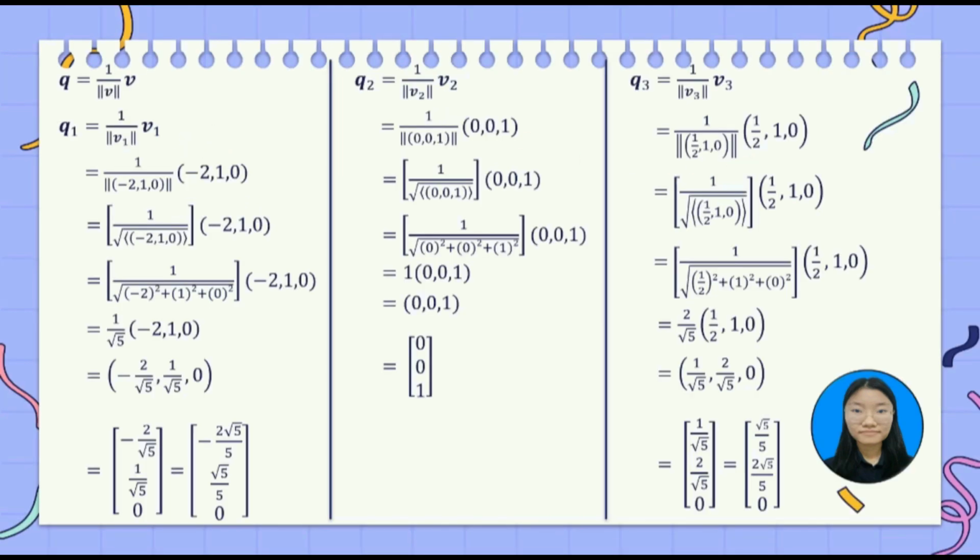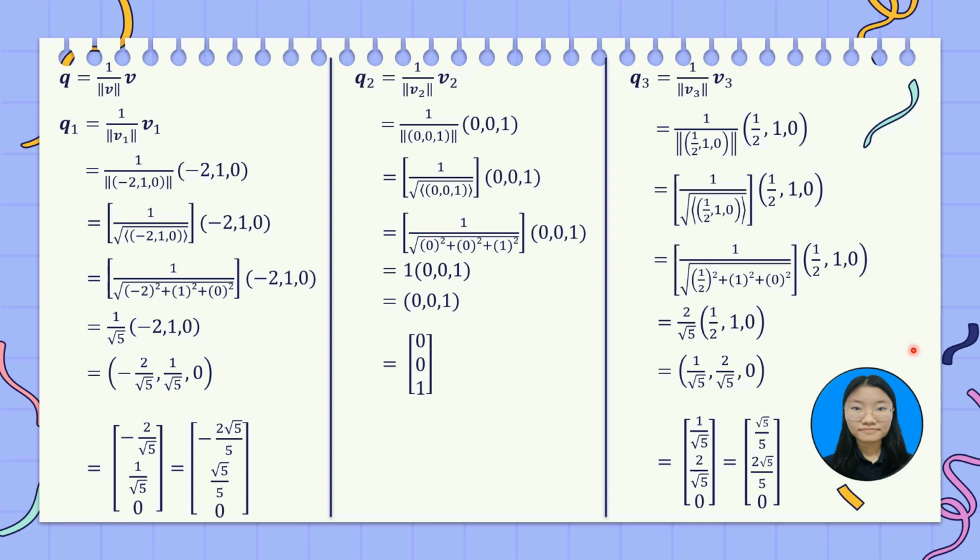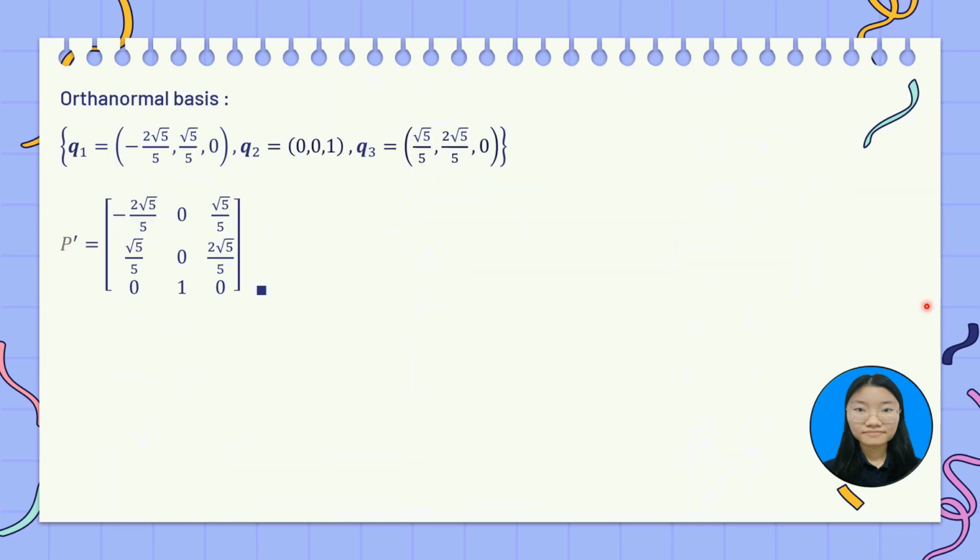We observe that the norm of V2 is equal to 1, thus we still get the same vector V2 in the end, which is 0, 0, 1. We got the three vectors of the orthonormal basis.